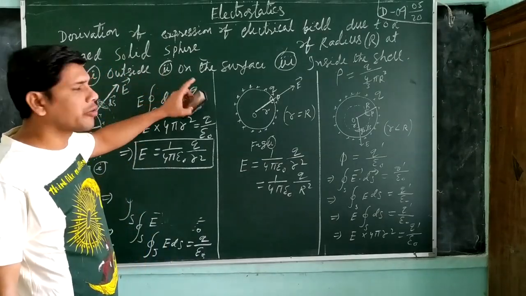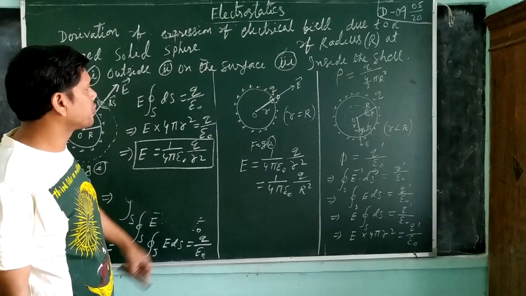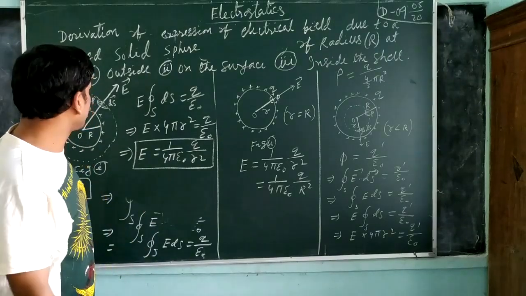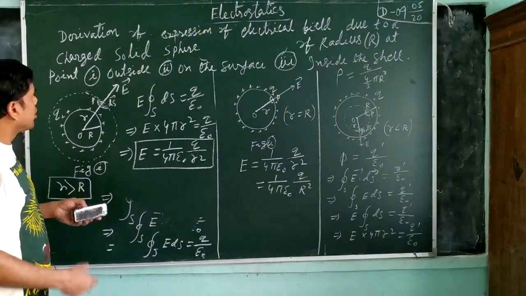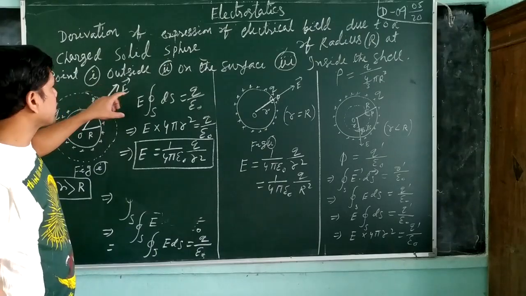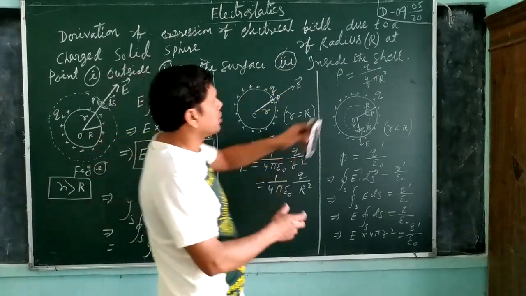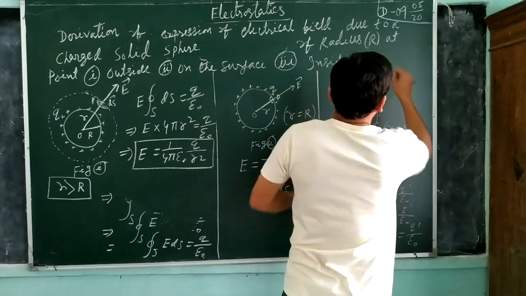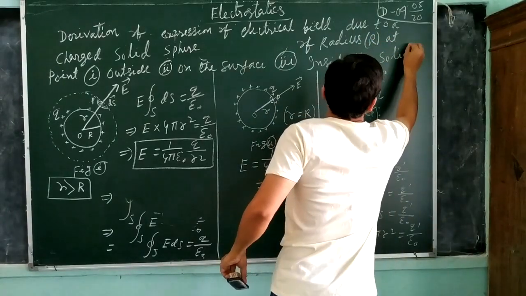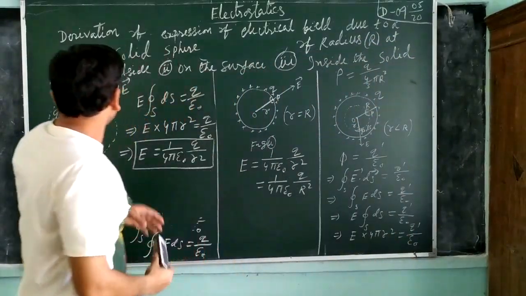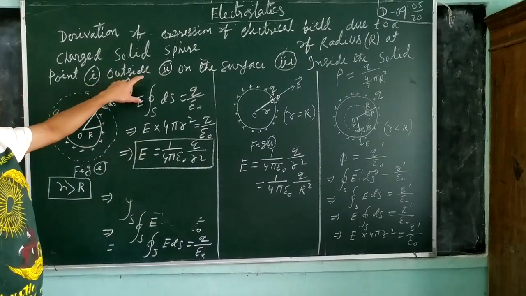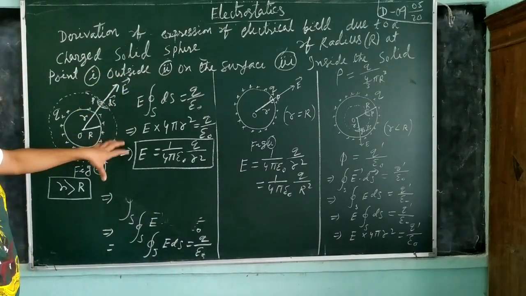Now here we have to find the electric field due to a positively charged solid sphere. Here also 3 cases arise: outside, on the surface, or inside the solid.